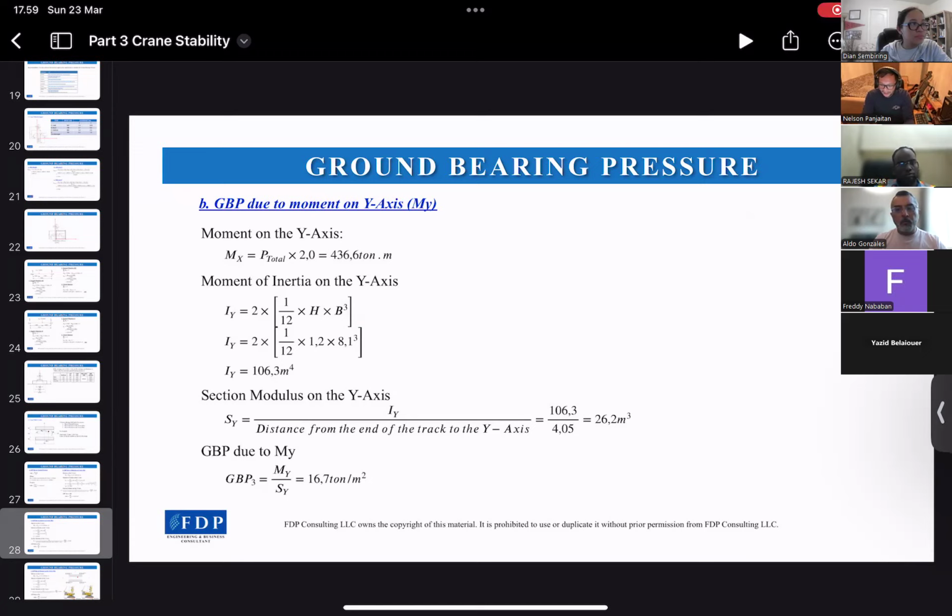Yes, if it's manufactured, then you will refer to their data. I think they will mention it in the data sheet when you purchase their bearing pad. Okay. Thank you, sir. No problem.